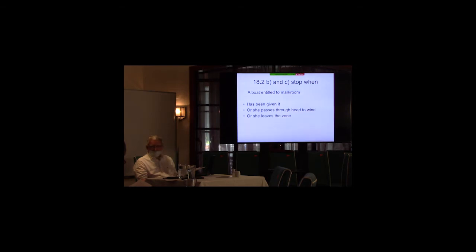So if you think you're going a bit faster than the other boat, and you think you've broken the overlap, but the other boat doesn't think you did, and it comes to the room, then it will be up to you to prove that you have broken the overlap. And if you're the inside boat and going a little bit faster and you think you got an overlap, but the other boat says you didn't, then again it will be up to you to prove to the satisfaction of the protest meeting that you did get an overlap.